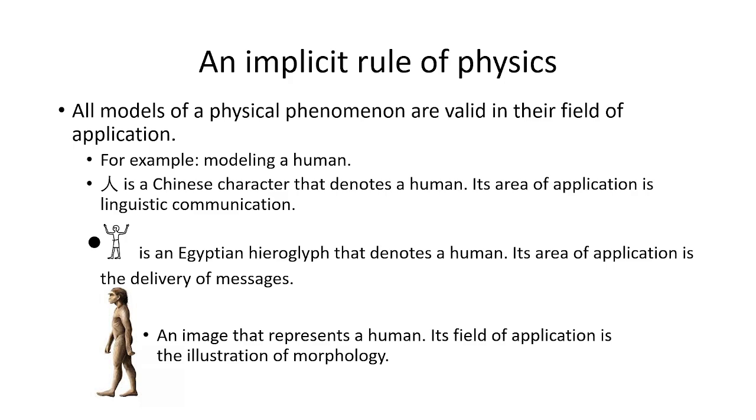An implicit rule of physics: all models of a physical phenomenon are valid in their field of application. For example, modeling a human. Ren is a Chinese character that denotes a human.